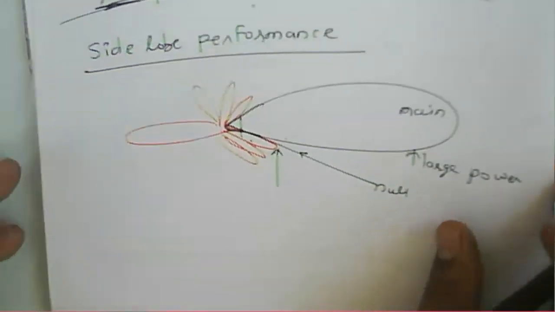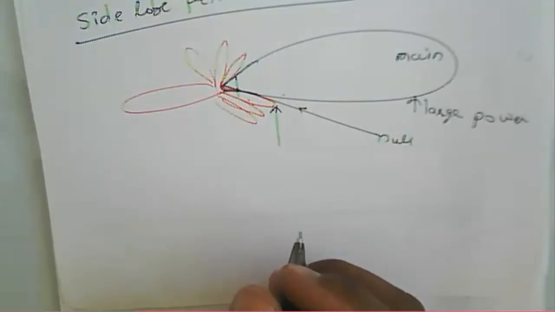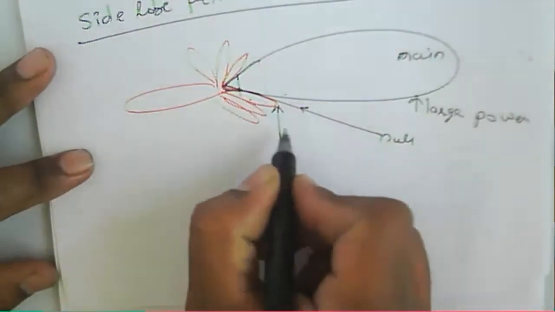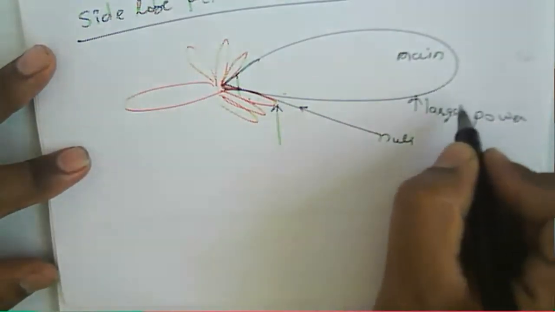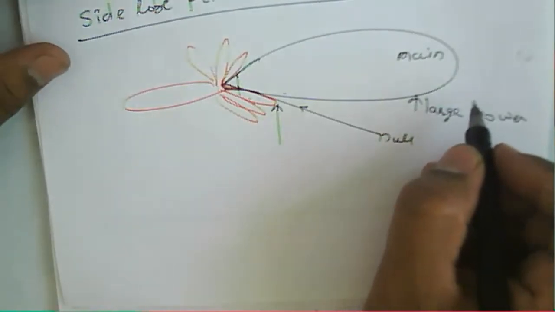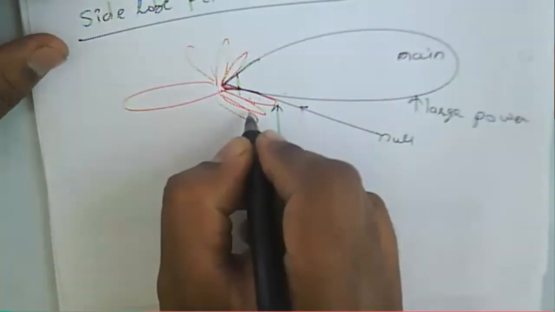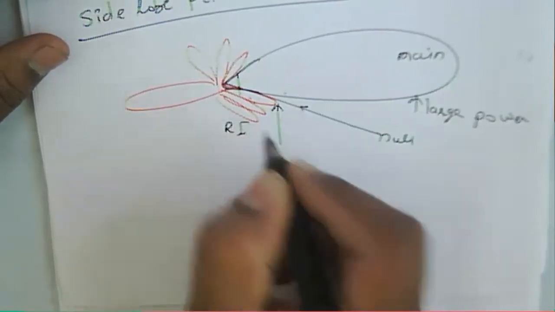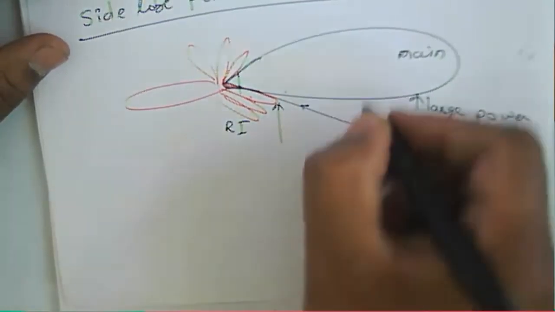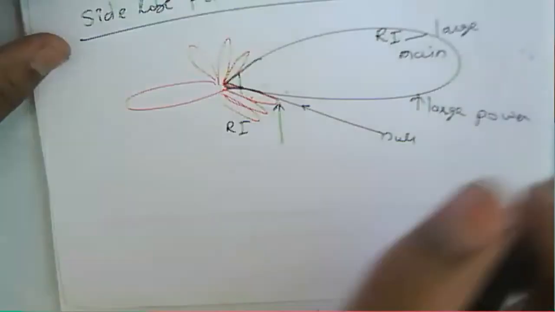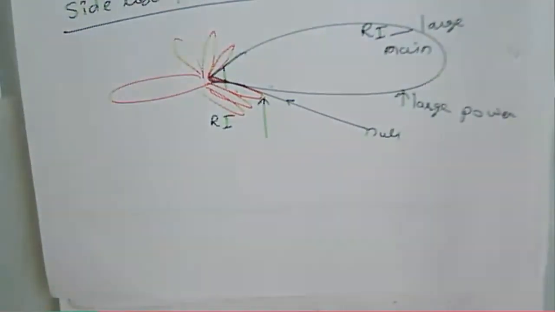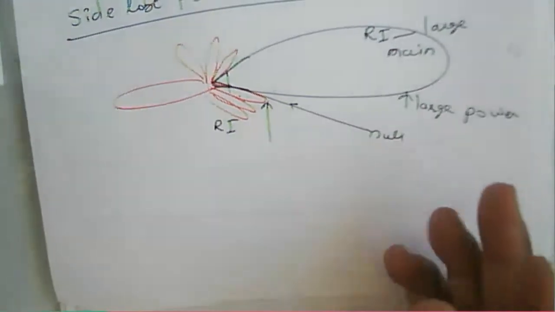Now for side lobe performance, this one is a side lobe, and the energy radiated from the side lobes is small. In the main lobe, the radiation intensity is larger and higher, while here the radiation intensity is small. The signal transmitted from this antenna is expected only in the given or desired direction.